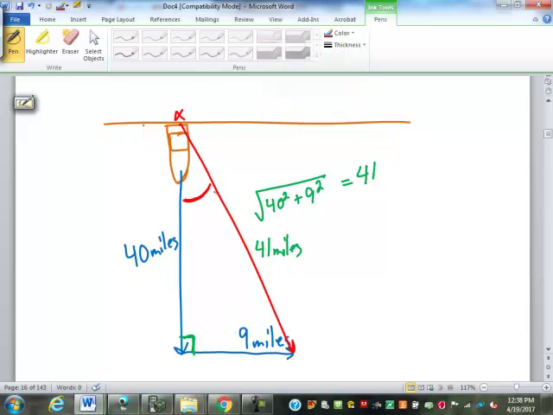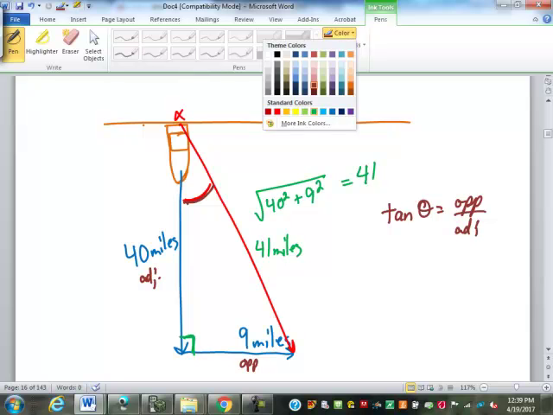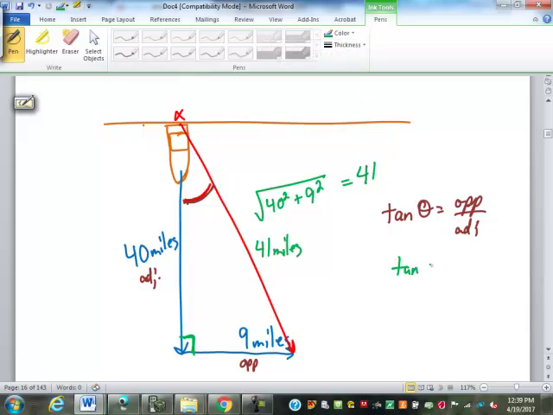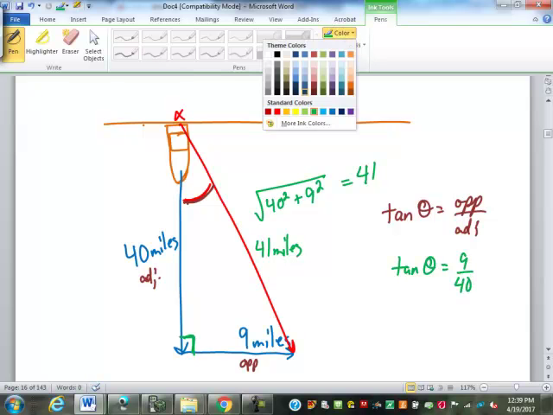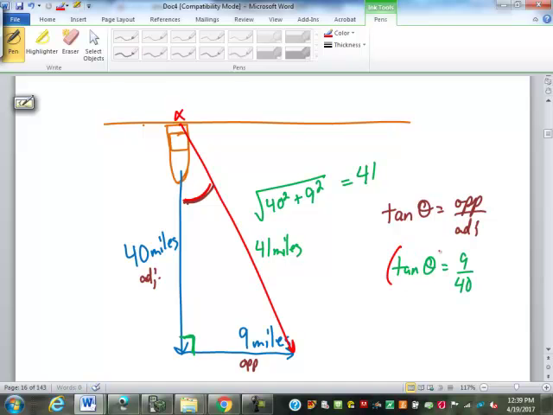Then we need to know the angle here. According to that angle, what two sides do we know? 40 is the adjacent and 9 is the opposite. So that is what trig function? Tangent of an angle is opposite over adjacent. So the tangent of our angle, opposite is 9, adjacent is 40. And since we are looking for an angle, we use inverse trig.